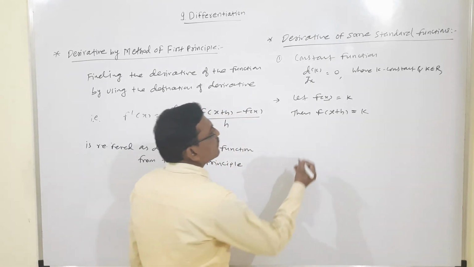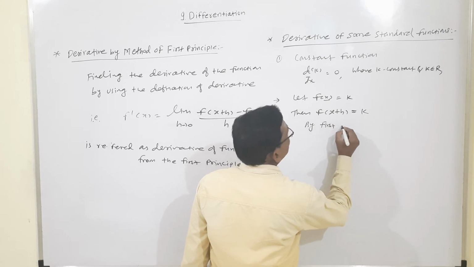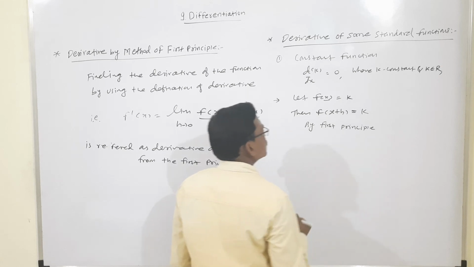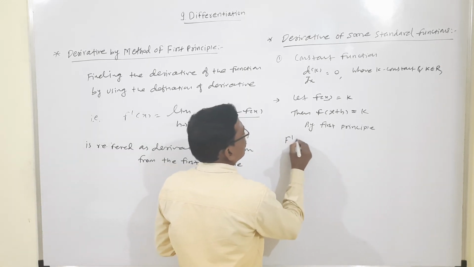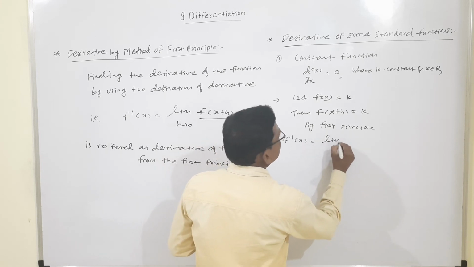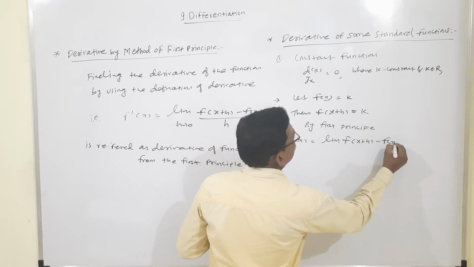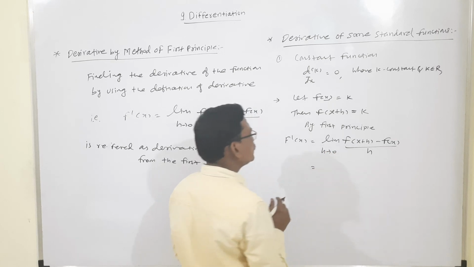And now by the first principle method. So the first principle is the definition: f dash x equals the limit of f of x plus h minus f of x upon h, as h tends to 0.